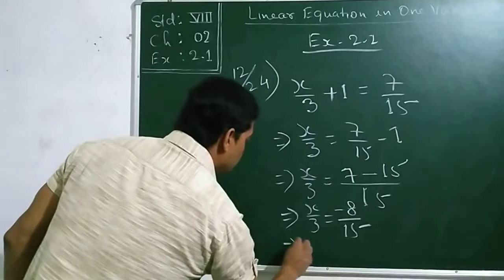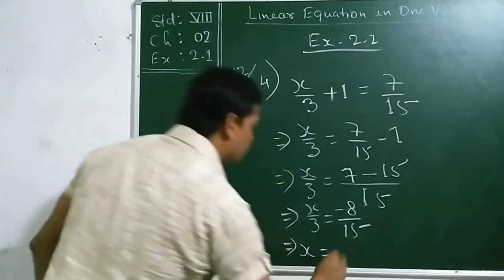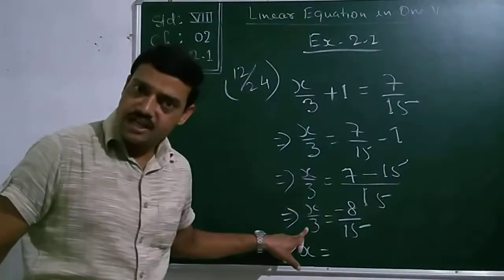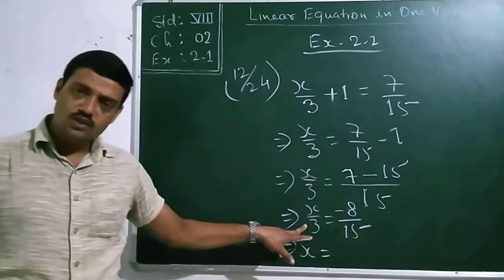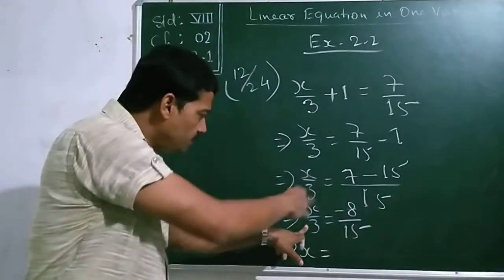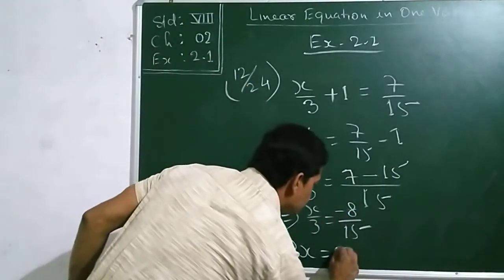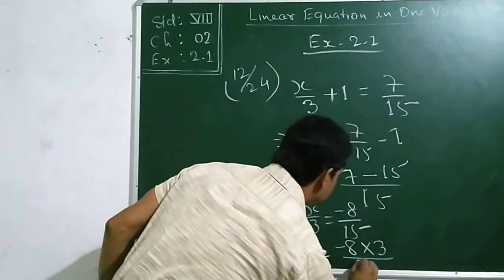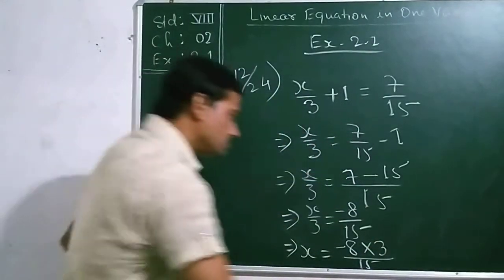Now simply you can write x equal to, now this 3, as x was divided by 3, while transposing the 3 will be multiplied by the 8, that is minus 8 into 3 by 15. Calculate them.